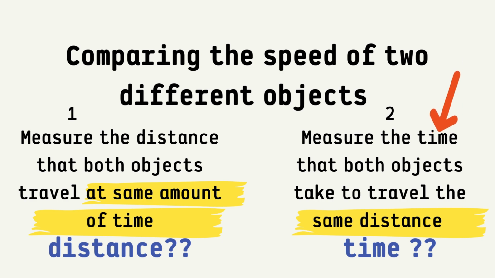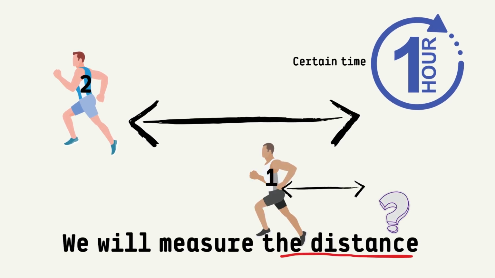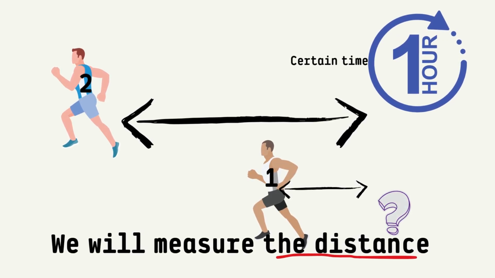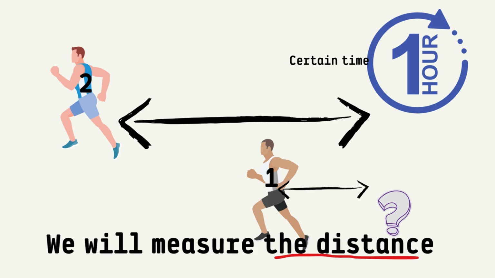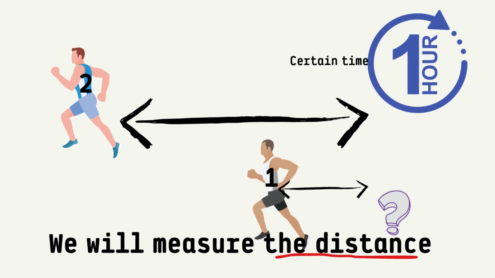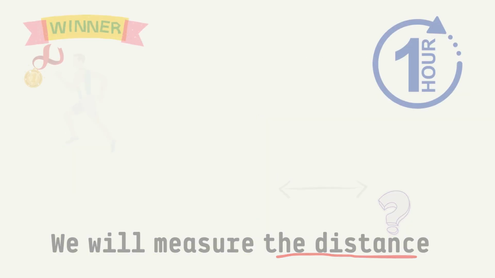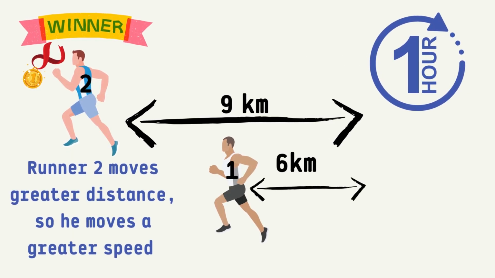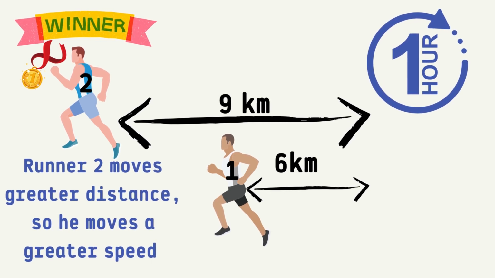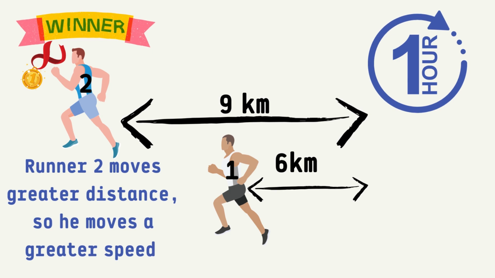We have examples here. We have here two runners and we will measure the distance that they move or run in 1 hour. So we find that player number 1 runs 6 kilometers per hour in this hour, and player 2 moves 9 kilometers per hour.